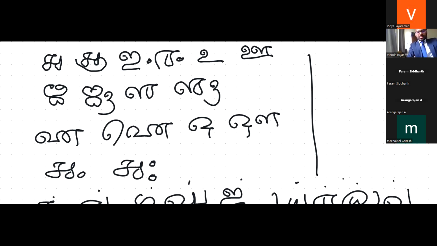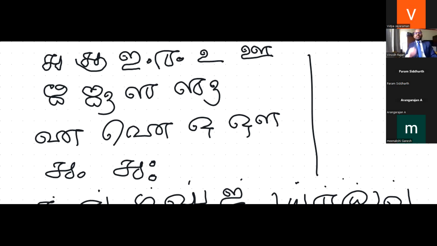For instance, in Tamil you would write kai. In Grantha it would be kai. But you can notice that this thing is basically these two things written together fast.